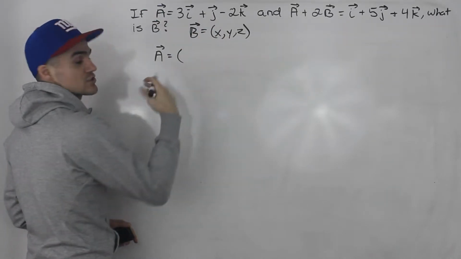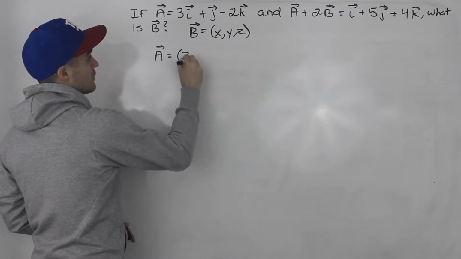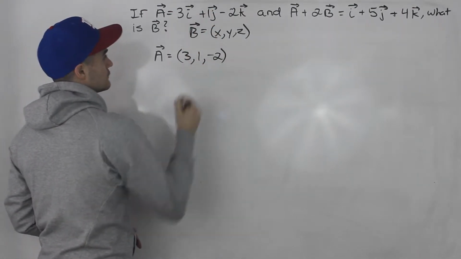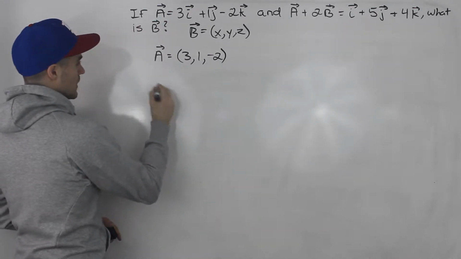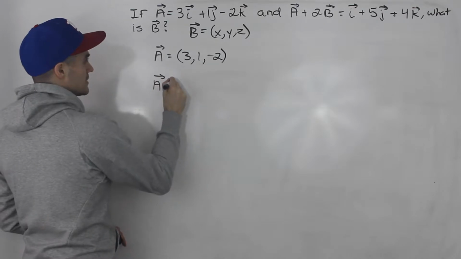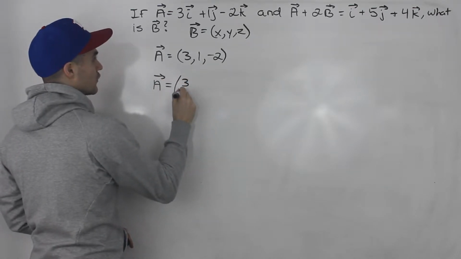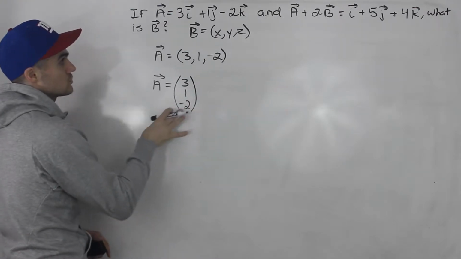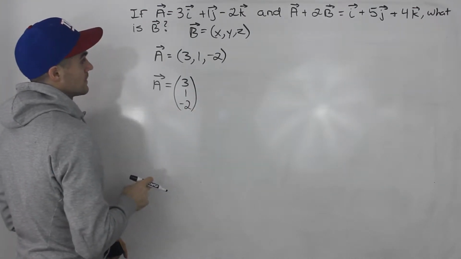If we put that in Cartesian form, that would be 3, there's like a 1 in front here, and negative 2. And actually, another way to write these vectors, you can write them horizontally, but sometimes it's even better to write them vertically, just because you can sort of visually see things a little better, and I'll show you how that works in this example.